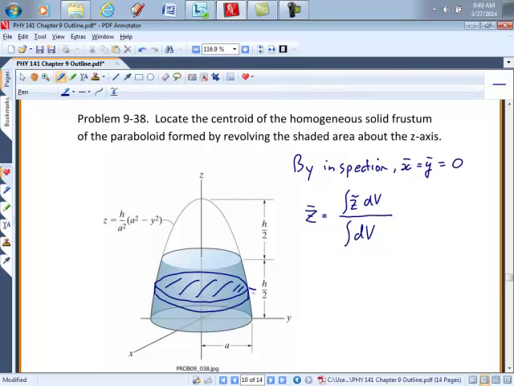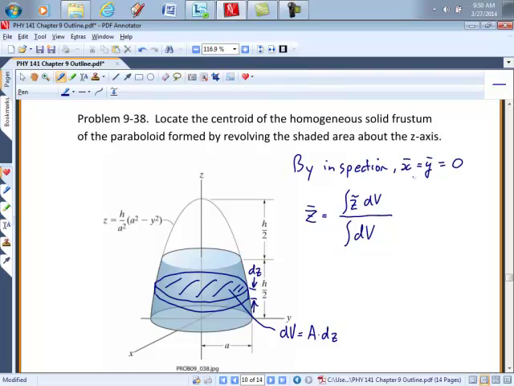So this thickness here is exaggerated. That's going to be my dz. And the volume is going to be this area times dz. All right, so we are out of time.